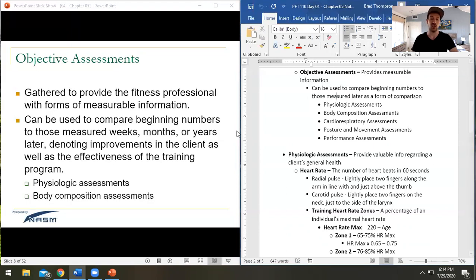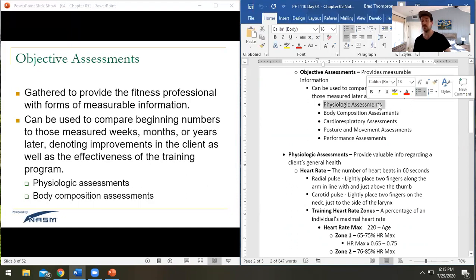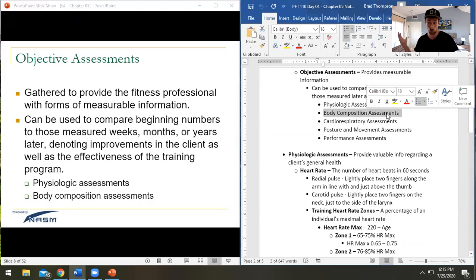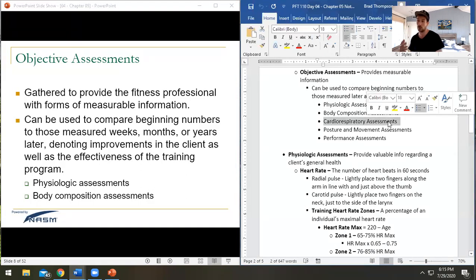So objective information is great because it can be used to compare your beginning numbers to numbers measured later as a form of comparison. And so these can be things like physiologic assessments, like your resting heart rate, blood pressure, body composition assessments, like your weight, BMI, body fat percentage, cardiorespiratory assessments, like how well does your body perform under a very specific amount of stress, such as walking 1 mile.